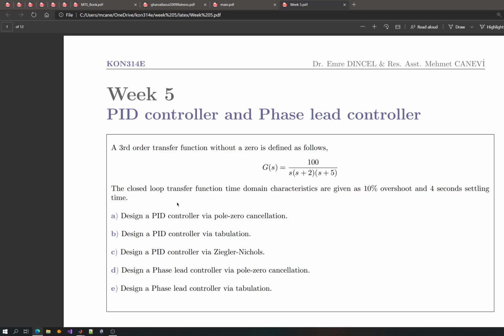Now, how can I design a PID controller by tabulation? Now, what do we mean by tabulation actually? Now, we've seen that in A we had a 3 unknown and 3 equation system, so we were able to solve just one. But we also have seen at the beginning of this lesson that we can have a parametric solution if we have just one variable that is freely changeable and choosable arbitrarily.